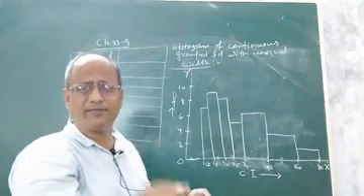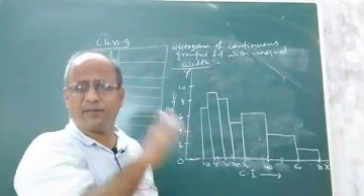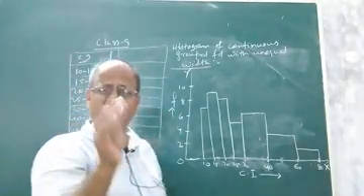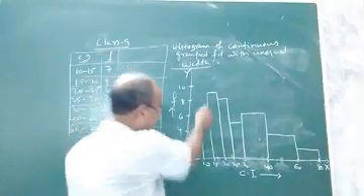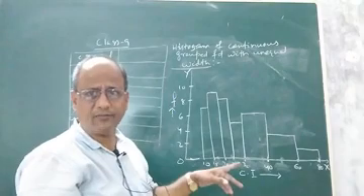So what will happen if the frequency of each class is adjusted? Whatever adjusted frequencies are obtained will be equal to the corresponding heights of the bars or rectangles in the histogram.